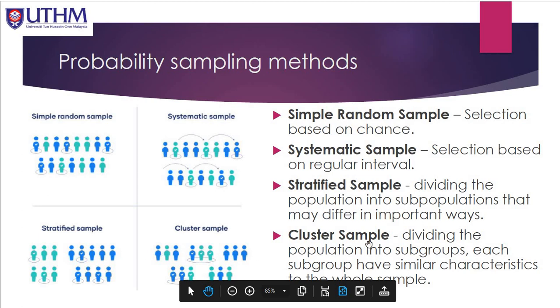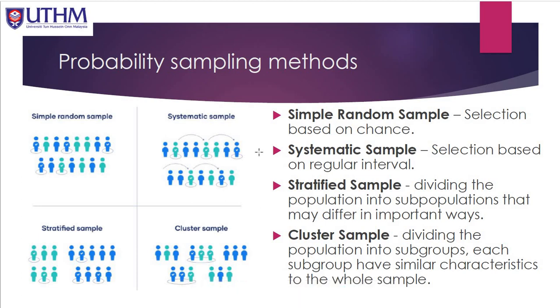And cluster sample, dividing the population into subgroups. Each group has similar characteristics to the whole sample. Mostly this one, if you take a sample or questionnaire from a group of people, is used in social science. Social scientists will do a lot of questionnaires. They want to do questionnaires from different groups.